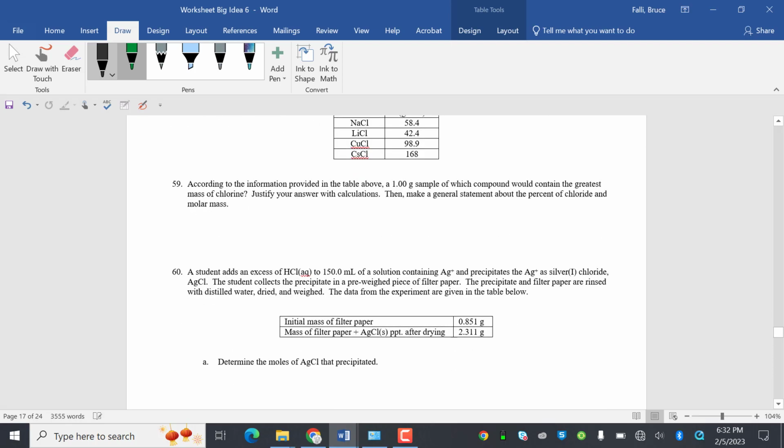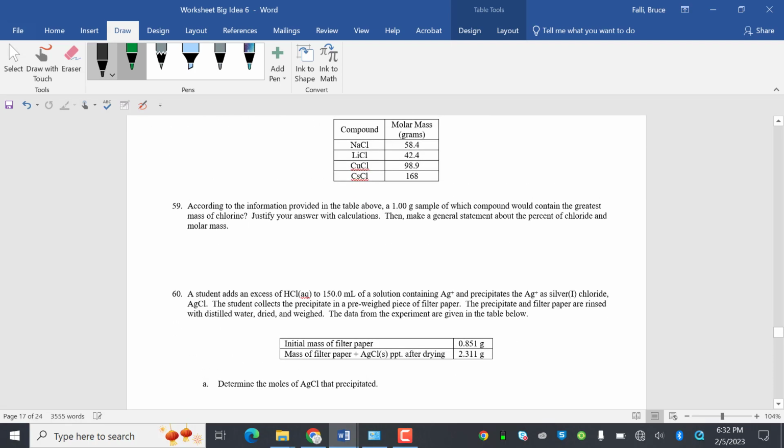All right. According to the information provided in the table above, a 1 gram sample of which compound would contain the greatest mass of chlorine? Oh, this is the review stuff. Each of these has 1 Cl, so a 1 gram sample would have the greatest mass of chlorine in the one with the biggest percent Cl, which means the one with the smallest molar mass of the other element. Sodium is 22.99, lithium is 6.94, copper is 63-ish, cesium is big.